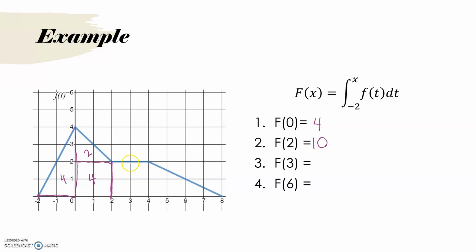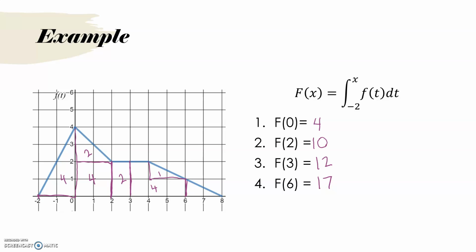And if I go to f of 3, I already have 10, but I'm going to add 2 more, so I'd be at 12. And if I go to 6, I've already got 12, but I'm going to add 4 more and another 1 more. So I'm going to add 5, which would put me at 17.